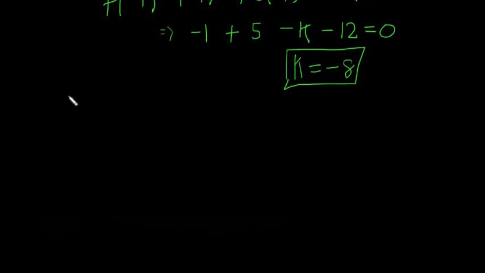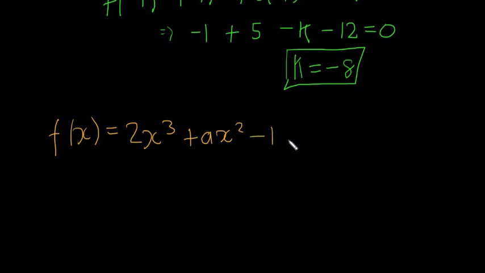We'll do orange. Example number 2 is going to be this one here. We have f of x equal to 2x cubed plus ax squared minus 17x plus b.